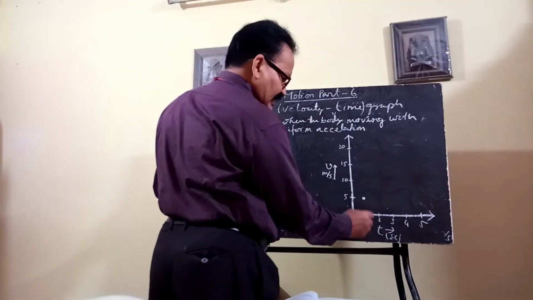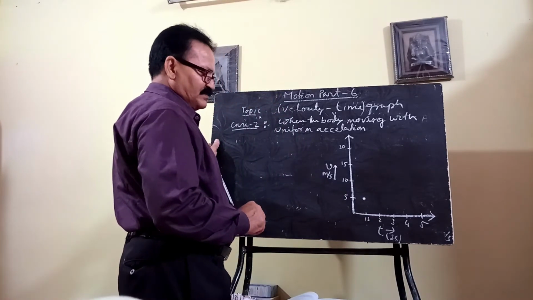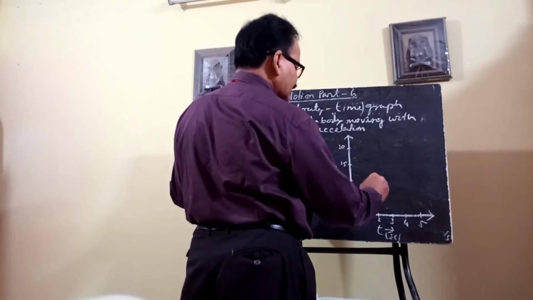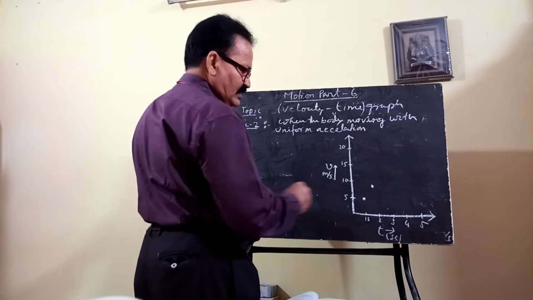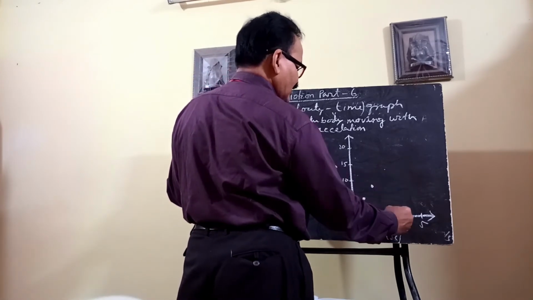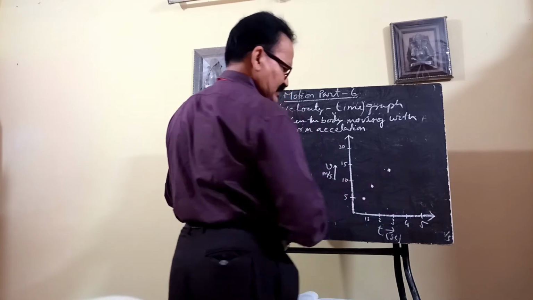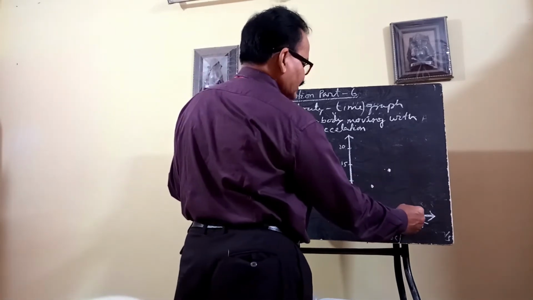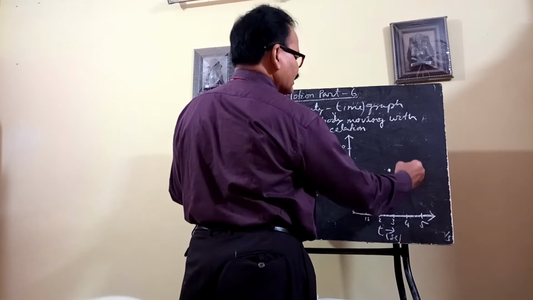Suppose in 1 second the body has a velocity of 5 meter per second. After 2 seconds, suppose the body acquires a velocity of 10 meter per second. Then after the 3rd second, the body is moving with a velocity of 15 meter per second. And after the 4th second, the velocity is 20 meter per second.